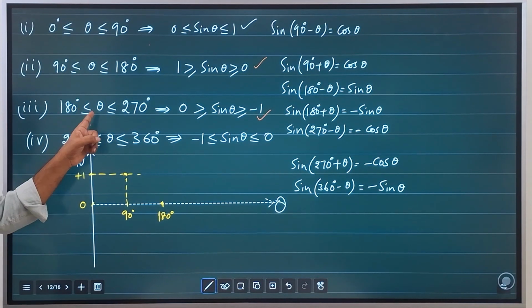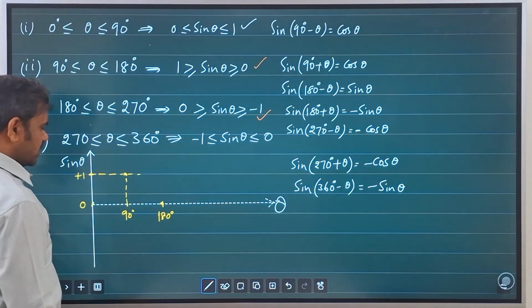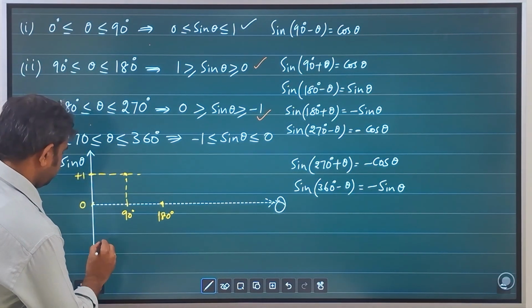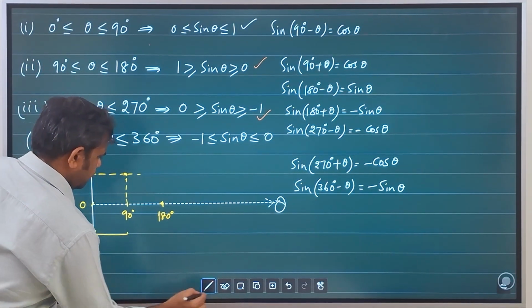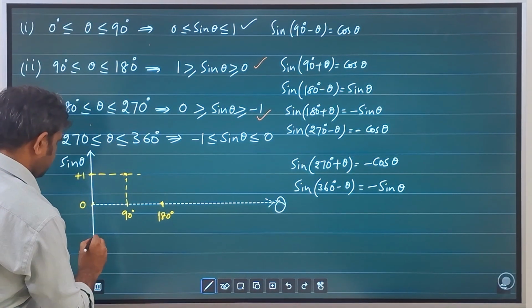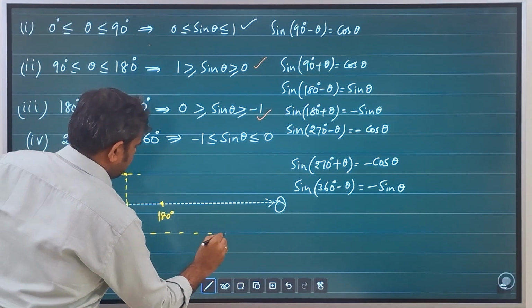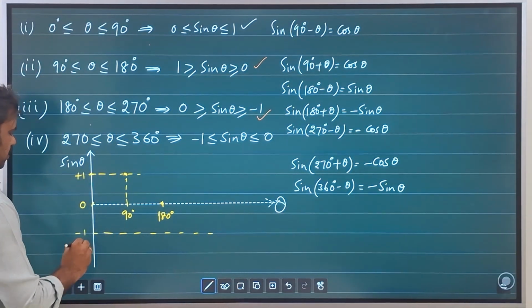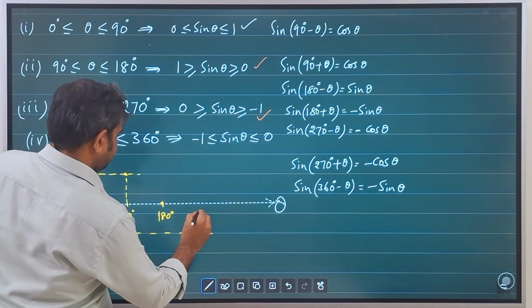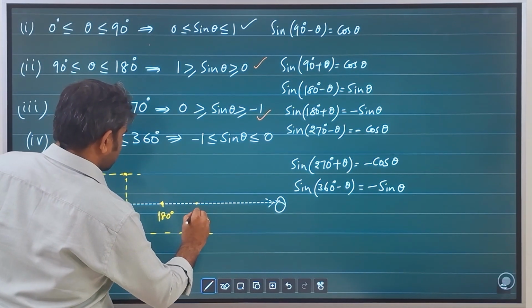Again, when theta becomes 270 degrees, sine theta value becomes minus 1. Let's say this is the minus 1 line. This is 270 degrees.